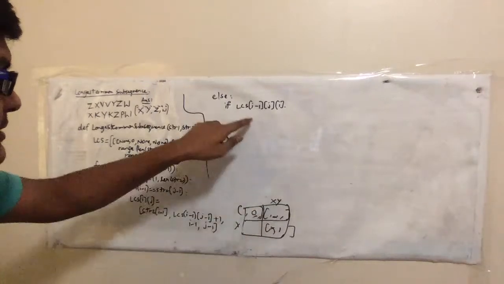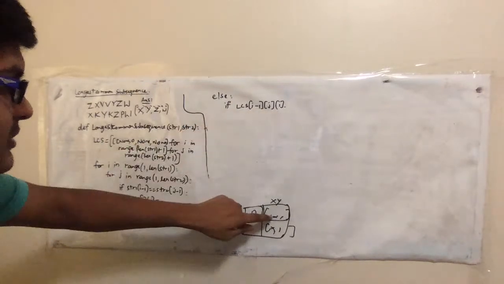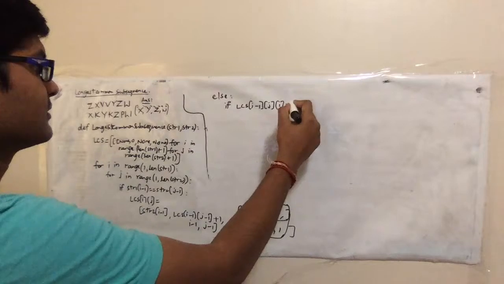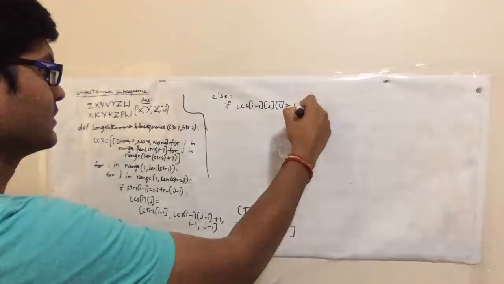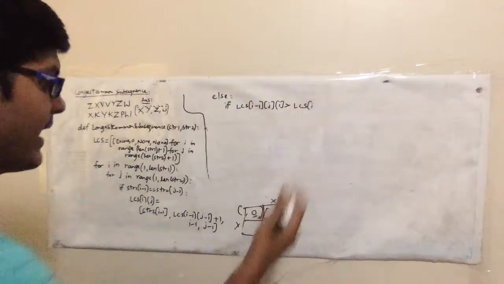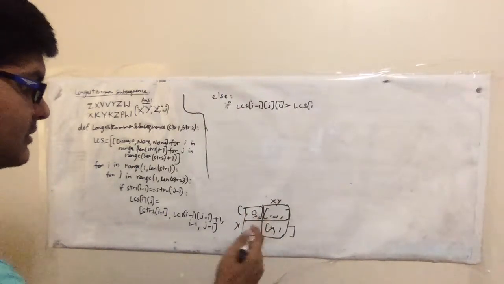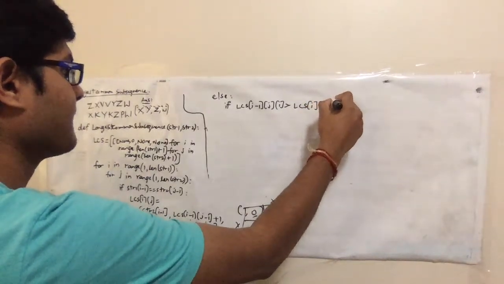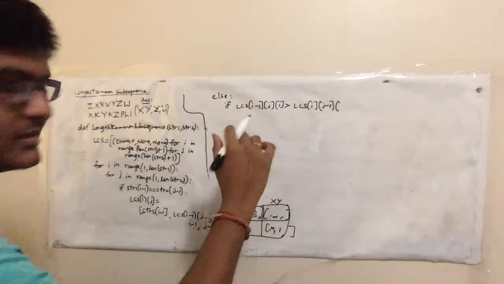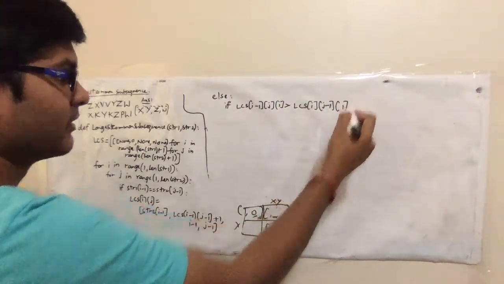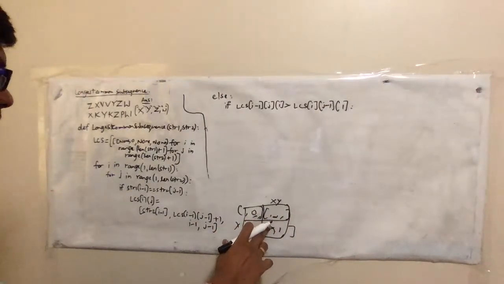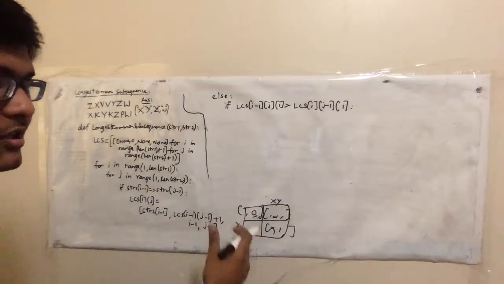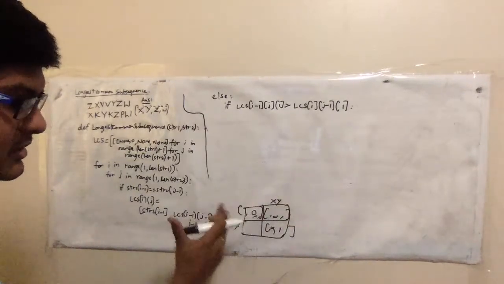If this LCS of I minus 1 j of 0, the first index element, is greater than LCS of I in the same row and j minus 1. I'm comparing again the first index element. Why am I comparing the first index element? Because it contains the length of the string up to the previous calculations.